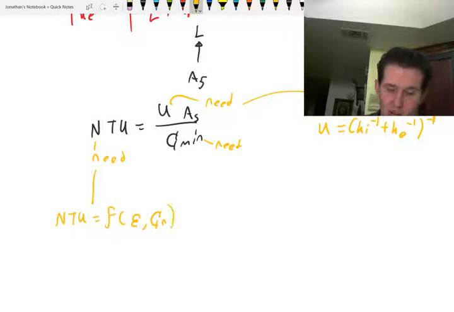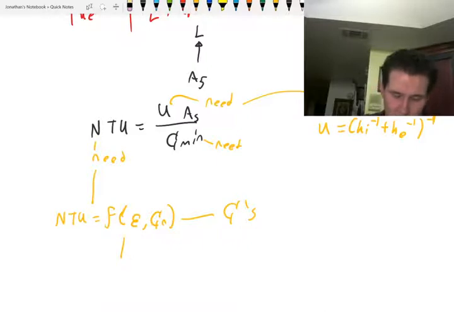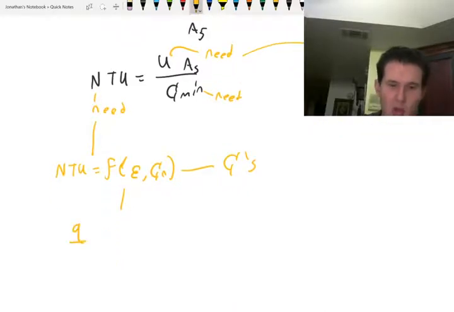So our NTUs are a function of the efficiency of that heat exchanger and your CR value, which is your Cmin over your Cmax. So we need C. We need to find a C out of this. And to get the efficiency, we have a nifty little equation as Q over Qmax is equal to our efficiency.